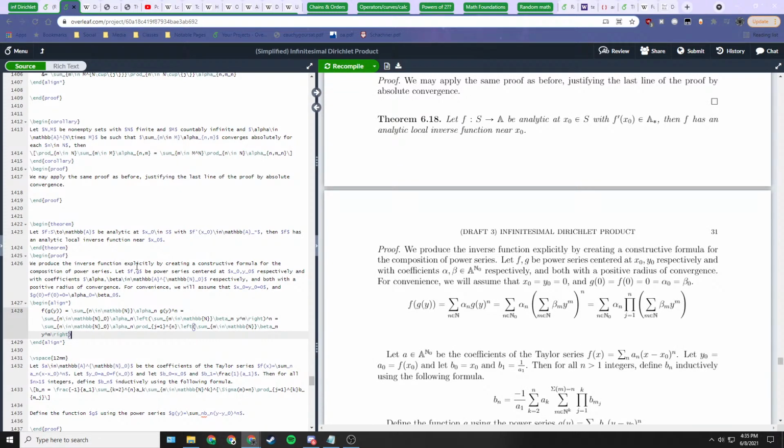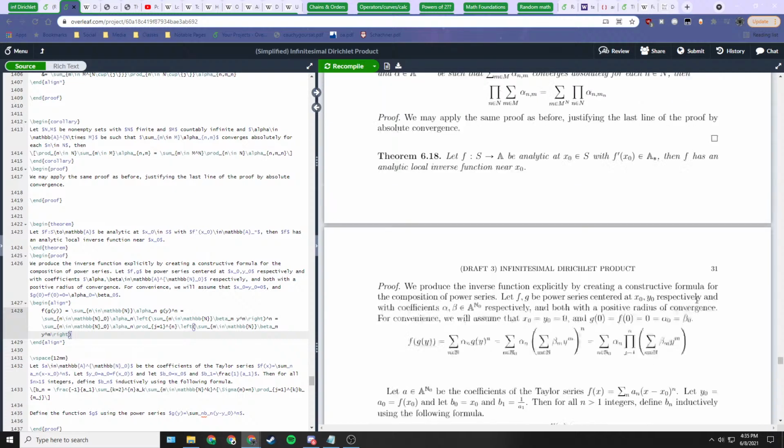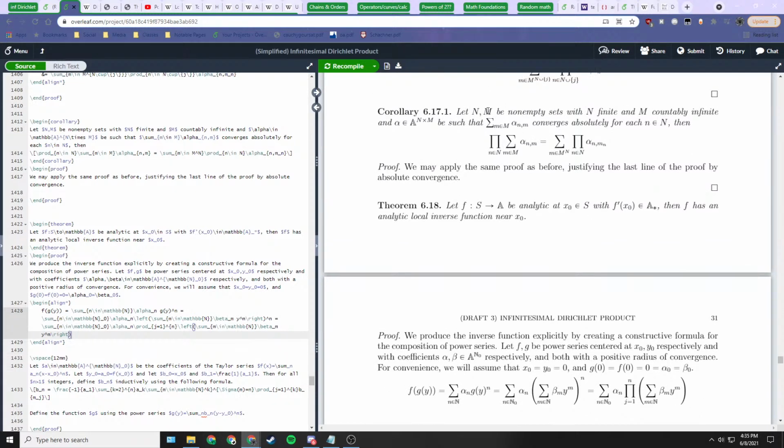Okay, and then we need to know that these will converge absolutely. So we have a sum of products, and this is the composition f of g of y. We're going to use this corollary here.